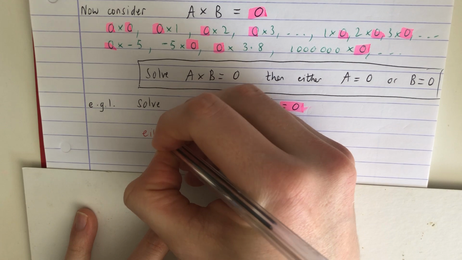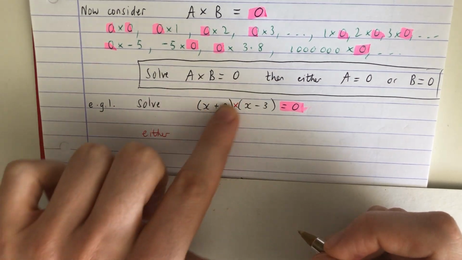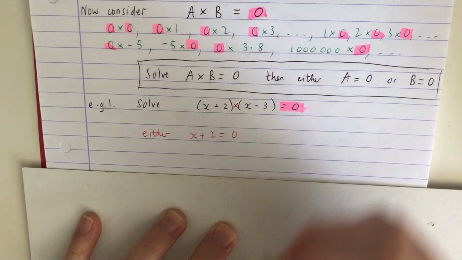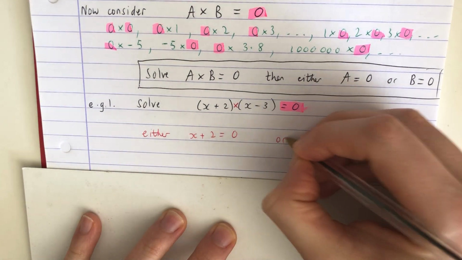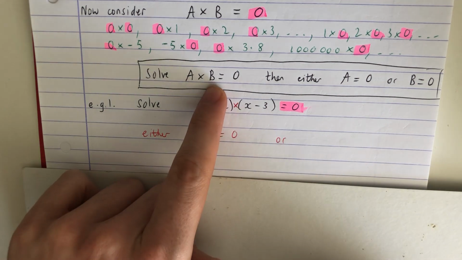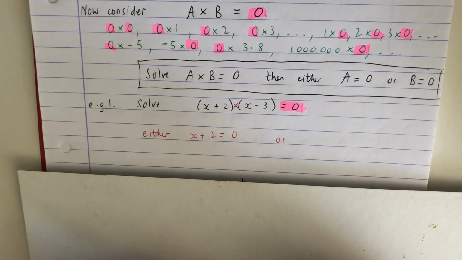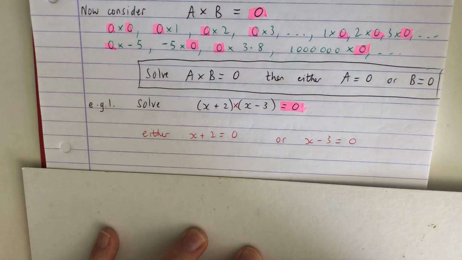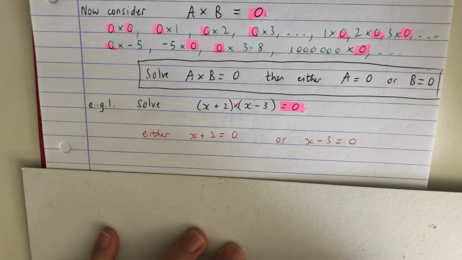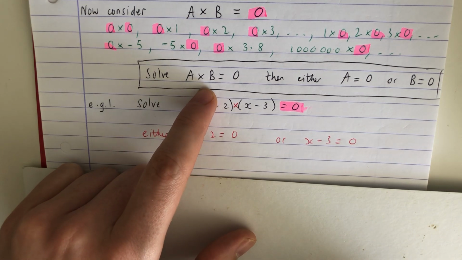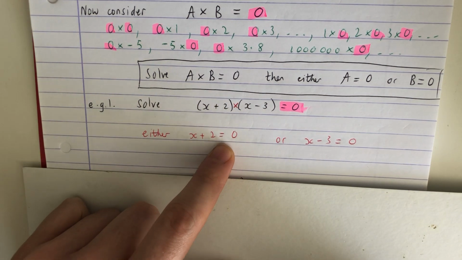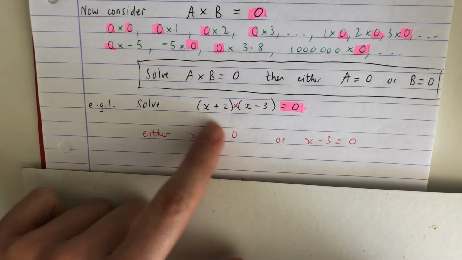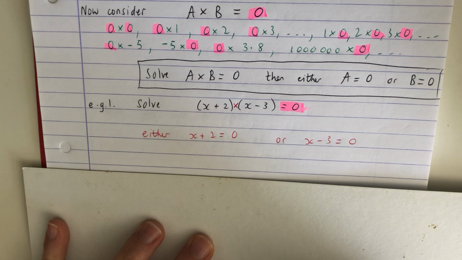So either the entire bracket x plus 2 is 0, or the second bracket is 0. It's the only way that can be true. And then you end up with two mini equations which you can solve.